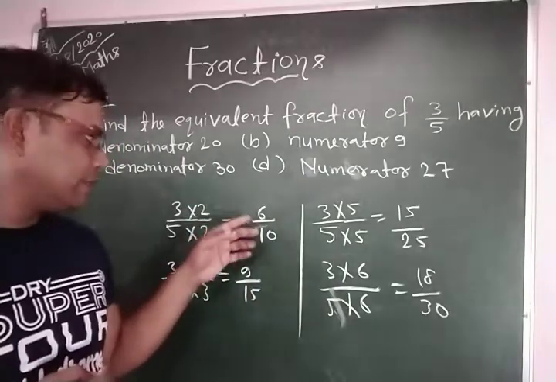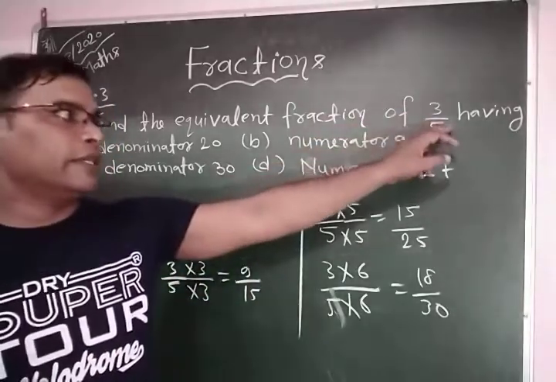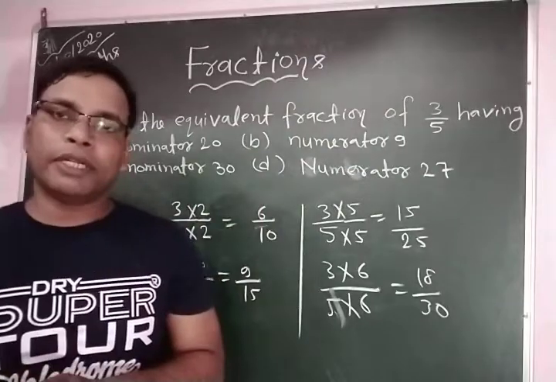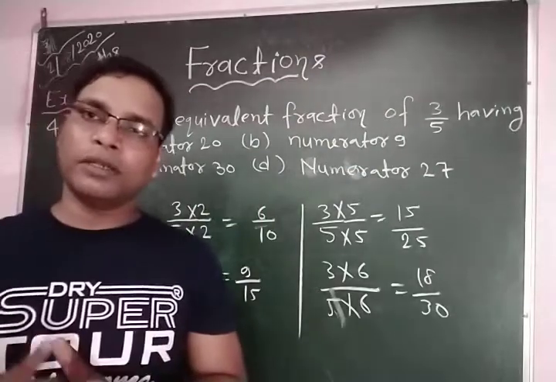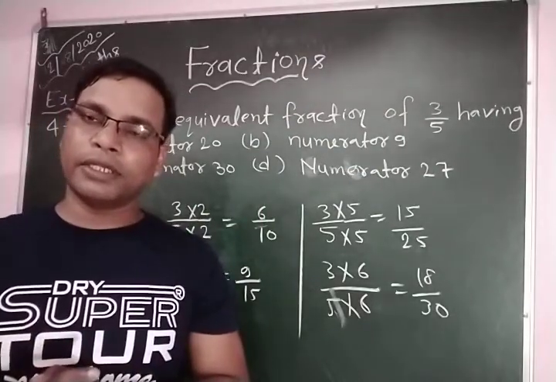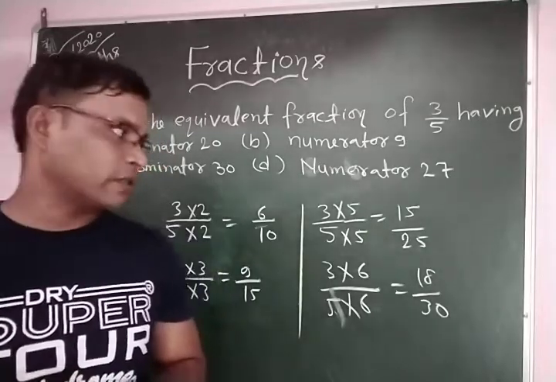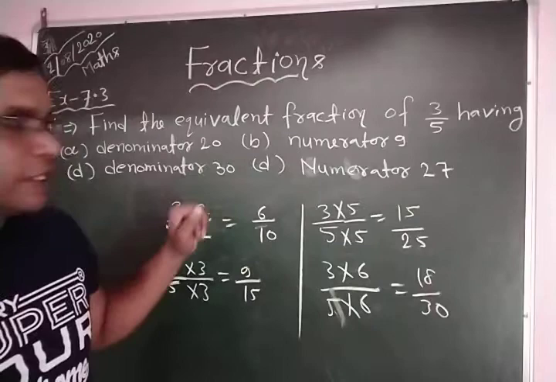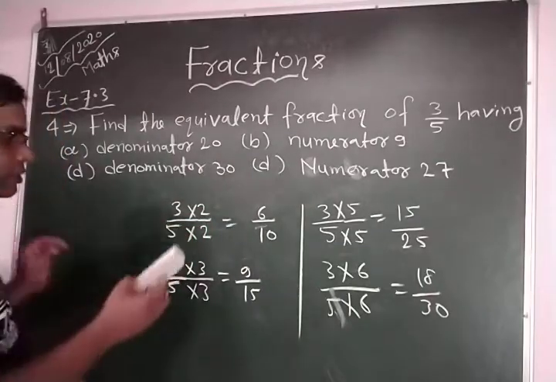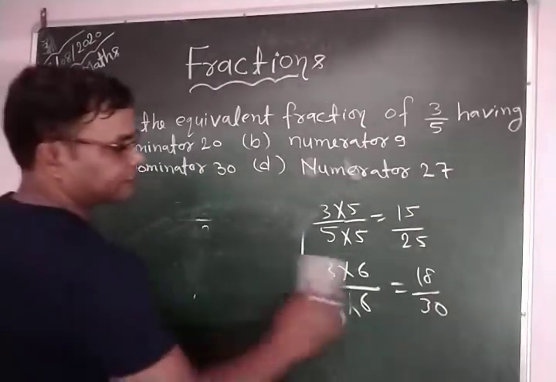The numerator here is 3 and the denominator is 5. If you multiply the same number in the numerator and denominator, you find the equivalent fractions.